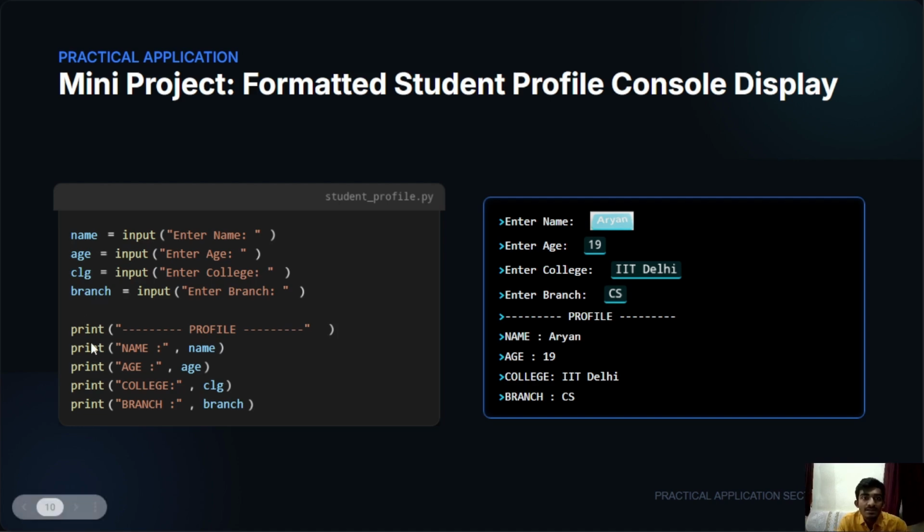Then the program is saying to print all the information that was asked before, and you need to show the information here in the same format. So you can try it by yourself, and you can see the code, but I suggest you try first, and if any issue comes then you move on to the code.